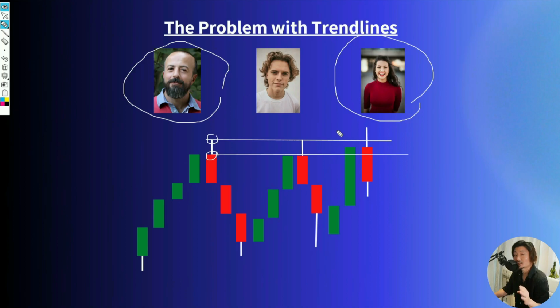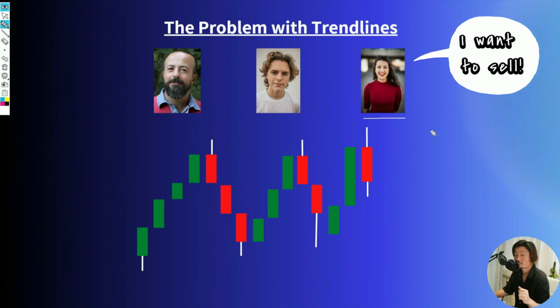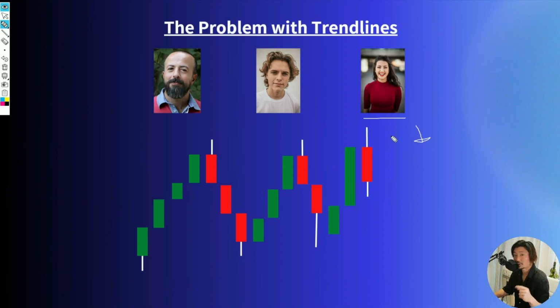So let me show you what is likely to happen in this trader's trading. So let's say she was looking for a short trade because her other strategies for trading are pointing her to sell. Okay? And she wants to confirm this short sell through trend lines also. Now, because she does not have a specific set of rules that define a legitimate trend line, then when she wants to take a short entry, she's going to arbitrarily draw trend lines to suit her specific situation, which is to sell in this case.